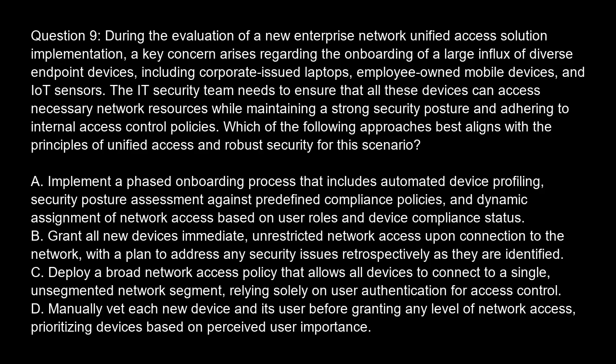Option C. Deploy a broad network access policy that allows all devices to connect to a single, unsegmented network segment, relying solely on user authentication for access control. Option D. Manually vet each new device and its user before granting any level of network access, prioritizing devices based on perceived user importance.